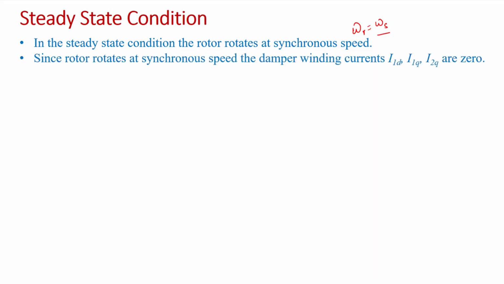Since the rotor rotates at synchronous speed, the damper winding currents, which were I1D, I1Q, and I2Q, obviously become zero, right? The damper currents.